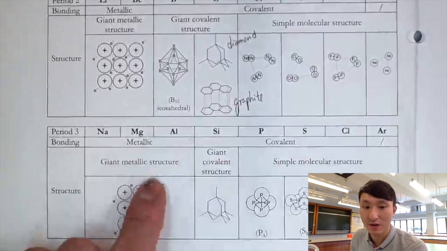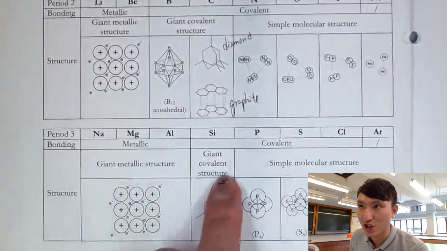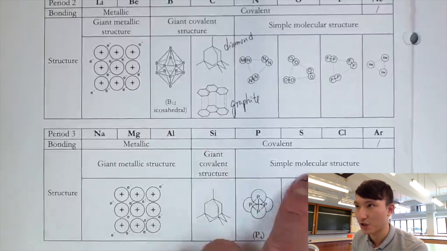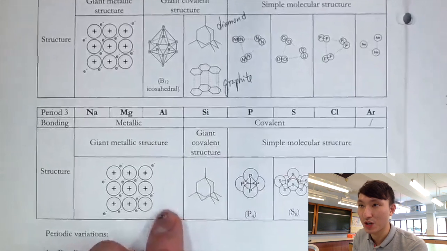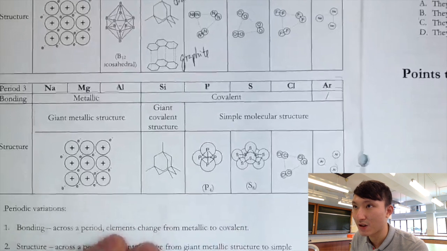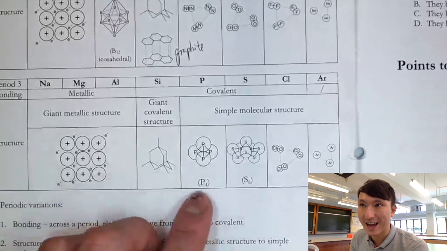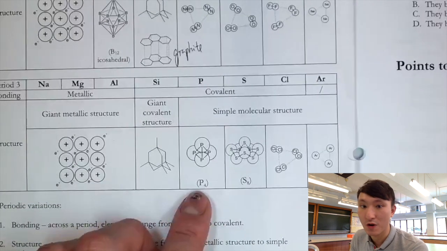Of course, metallic bond gives rise to giant metallic structure. For covalent bond, we have giant covalent structure for silicon, and the rest of them are simple molecular structure. Again, this diagram shows you the structure. Pay extra attention to phosphorus and sulfur, because phosphorus exists as a P4 molecule.